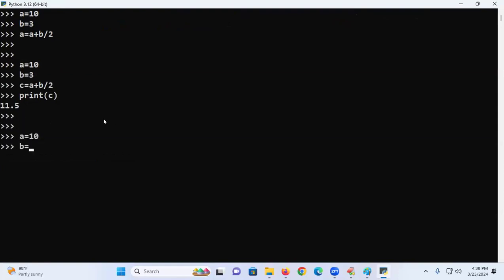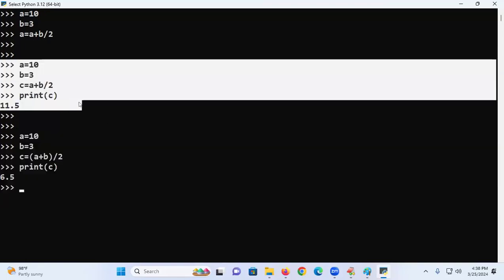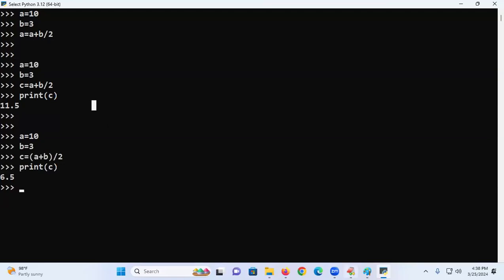A is equal to 10, B is equal to 3, and C is equal to A plus B, then by 2. Print this C and see the answer, called what? 6.5. This is the best answer. And this is called wrong logic. So I hope you are understanding. Because the logic is wrong, the answer went wrong. Because of correct logic, we got the answers correct.